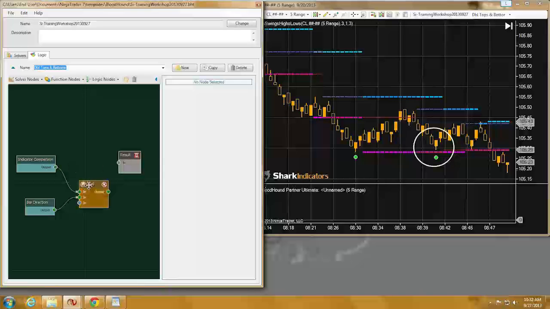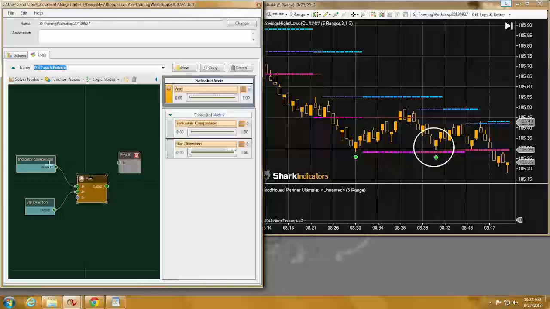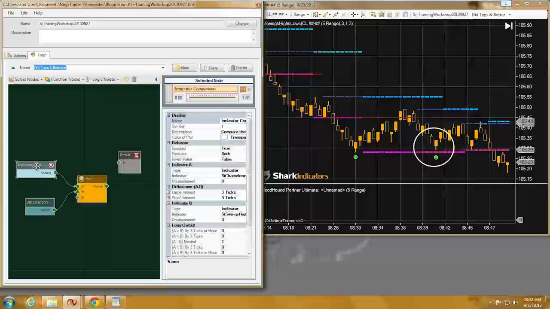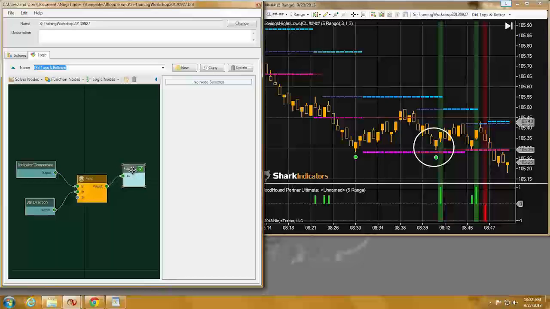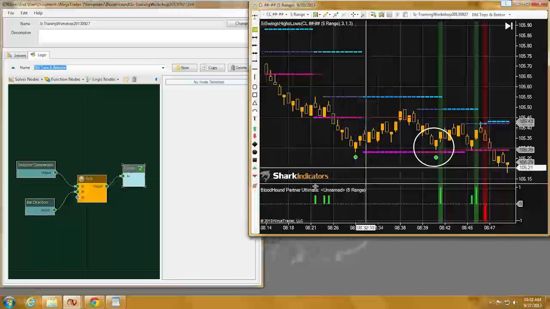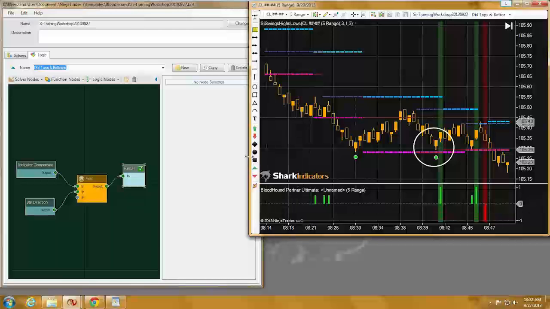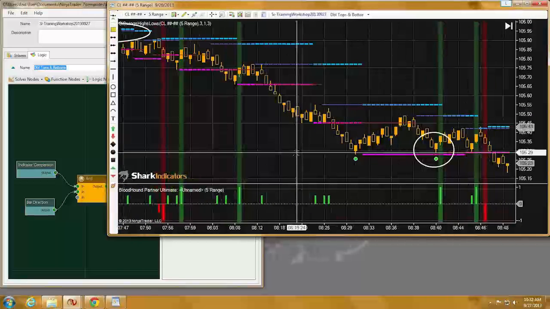But I like to do things simply and with as minimal a number of nodes as possible. So I'm going to go back and change this displacement here. Connect that in. All right, let's take a look at this now.